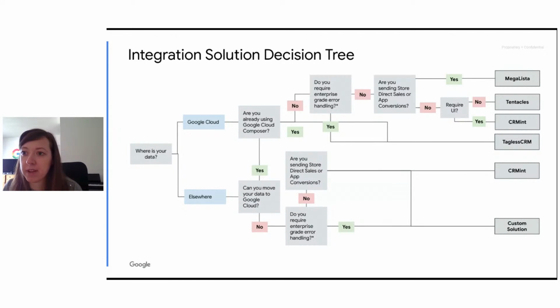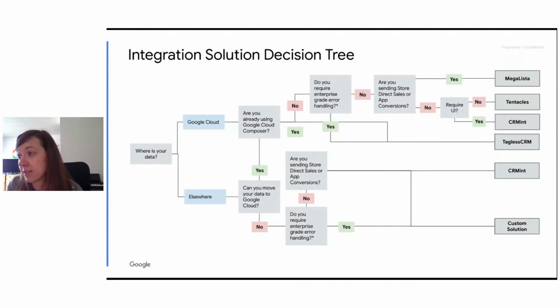So you normally start with the question, where is your data? If you have your data on the Google Cloud, then you need to ask yourself, are you already using Google Cloud Composer? If no, do you require enterprise-grade error handling? If no, then are you sending store direct sales or app conversions?